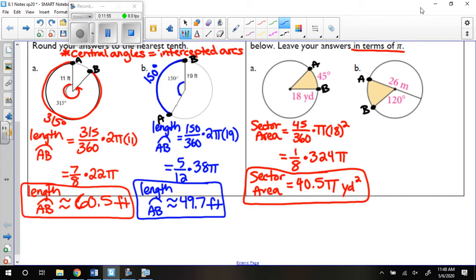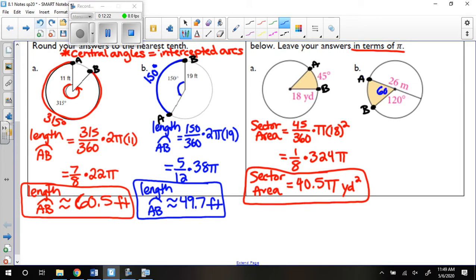For our second circle, notice that 120 degrees is not in the sector that I'm trying to find the area of. So since this is a diameter, I can do 180 minus 120, and I know that that angle at the center here is going to be 60 degrees. So let me get rid of this blue line here, don't need it.